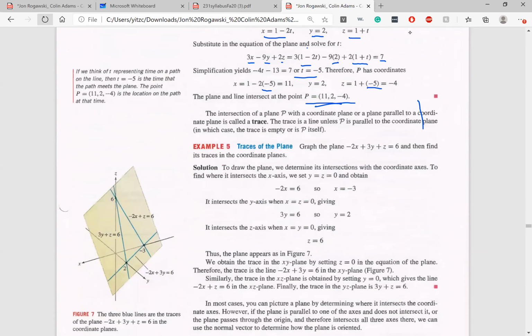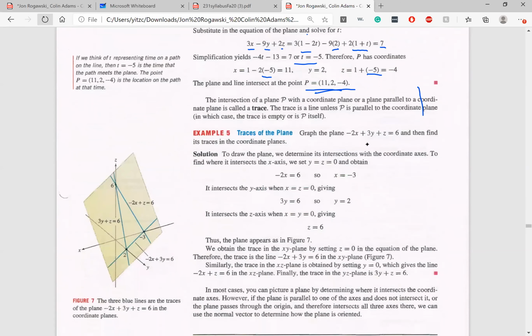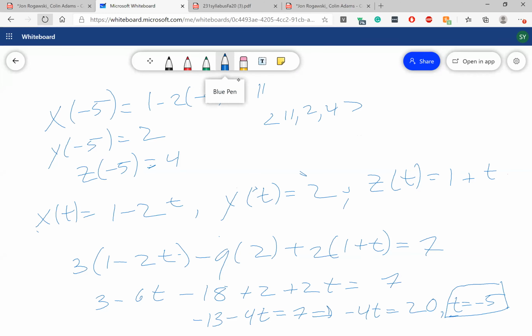Okay, so now they say graph the plane negative 2x plus 3y plus z is equal to 6, and then find its traces in the coordinate plane. So what they're really saying is they want us to graph this, and then they want us to set y and z to 0, and graph just the x component.